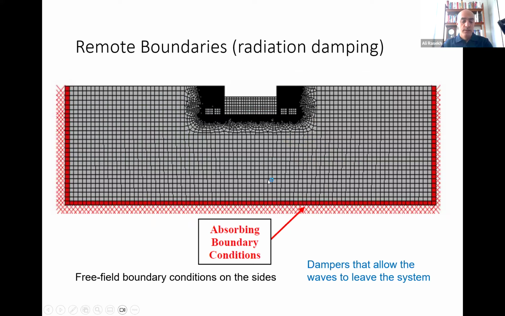And to accommodate the movement of waves, we should use absorbing boundary conditions at the remote boundary so that the seismic waves can enter the system and leave the system and are not trapped inside. Otherwise, we will get unrealistic results. These absorbing boundaries are basically dampers, and they allow the exit of the waves.